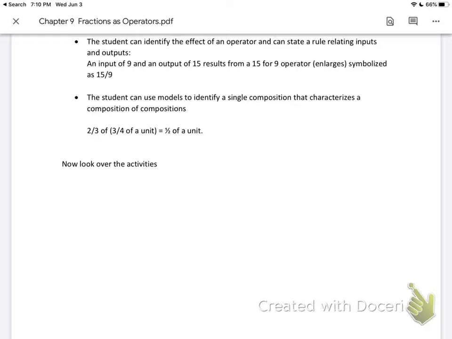So it's an enlarging operator, and it's symbolized as 15/9. Okay, one last thing. The student can use models to identify a single composition that characterizes a composition of compositions. So 2/3 of 3/4 of a unit is the same as saying 1/2 of a unit. Okay, so now you're ready to look over the activities and look over the problems in the problem set.